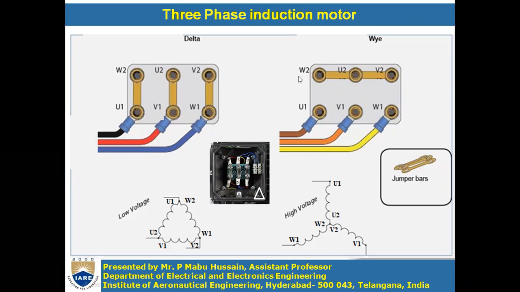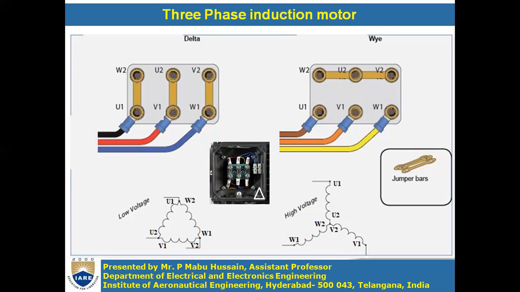Suppose W2, U2, V2 are connected together, and U1, V1, W1 are taken outside. Then this type of winding is called a star connection or Y connection. Here the jumper bars are placed in series; two jumper bars will be connected like this.